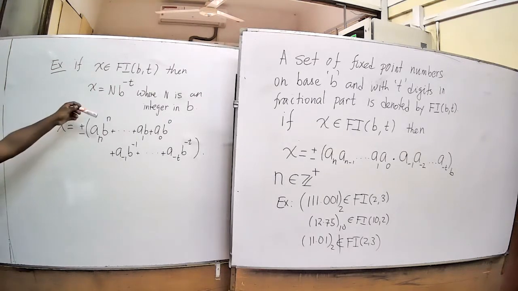Now according to the question, you have to factor out b to the power minus t from this.